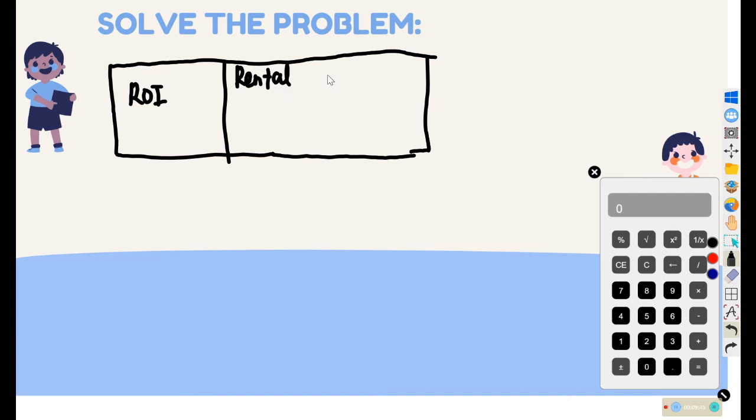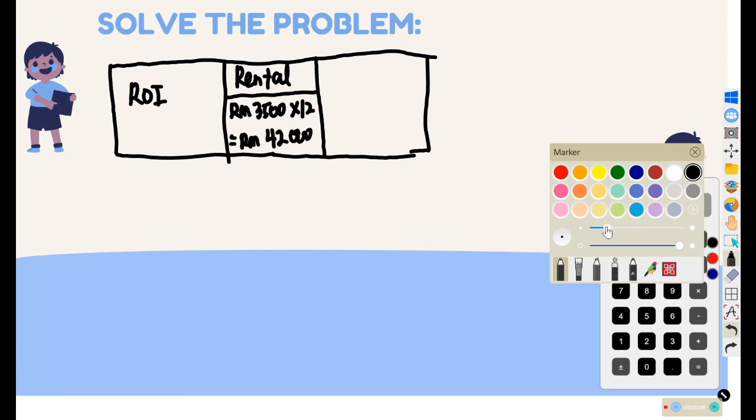The rental here is RM3,500 times 12, so you will get RM42,000. Now you need to find the ROI.